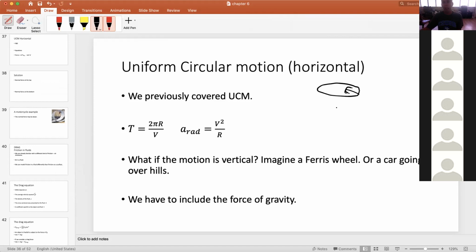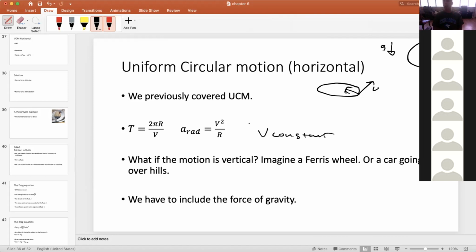Remember that we had this A rad that pointed inward, the velocity was tangential, and you got this period. A rad V is constant. But what happens if instead we're going up and down and we have some G?